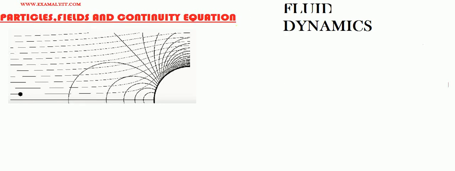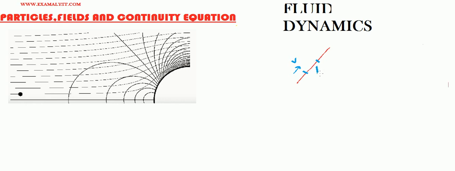So continuing our discussion with particle fields and continuity equation. Okay, so we already studied about continuity equation, and in this lecture we'll focus on a particular derivation that goes as follows. Consider you have a mountain here, and if you are climbing this mountain with a velocity v, then in time dt, how much distance are you covering?